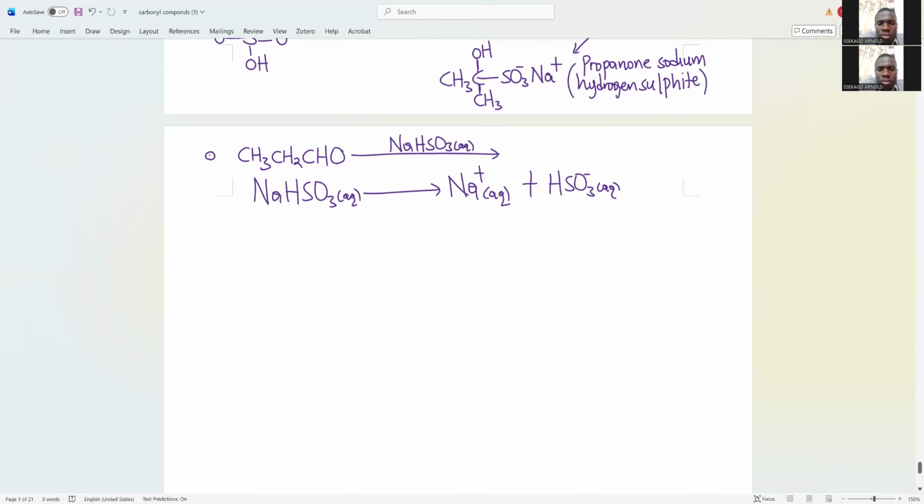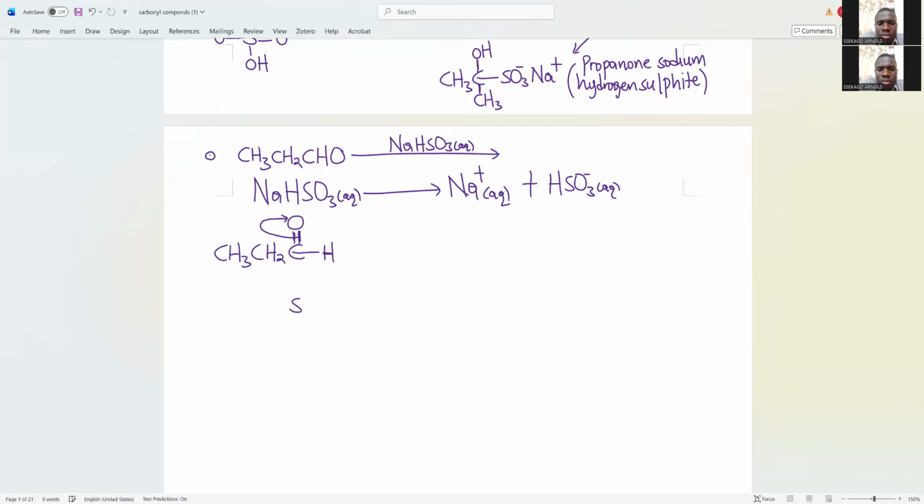So I continue. I expose my functional group properly: CH3, CH2, carbon to carbon, carbon to oxygen double bond, like that. Chemistry does not change. This is a polar bond because oxygen is more electronegative than carbon, so carbon becomes electron deficient.